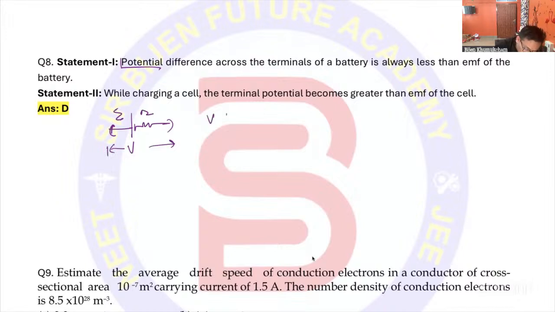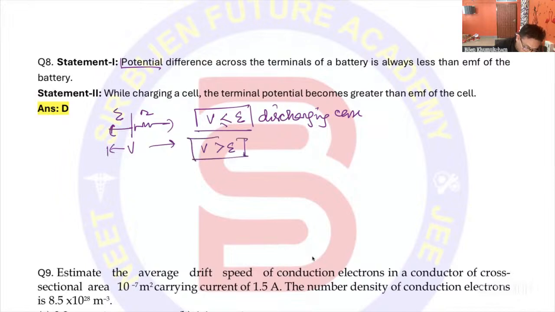Terminal potential will be less than or equal to EMF in the discharging case, that is when we are using this cell. But V becomes greater than E, the EMF, while charging the battery. In the charging case, the terminal voltage becomes greater than E.